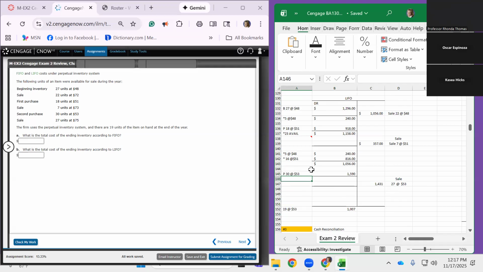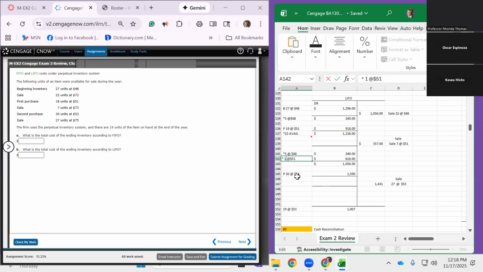So 5 plus 16, that's 21. 21 plus 30 is 51. Okay, so then we had 51 items before the 27. Let me see here. I don't think so. Nope. Okay, so we had 23 available altogether, and we sold 7, so this is going to be 11.